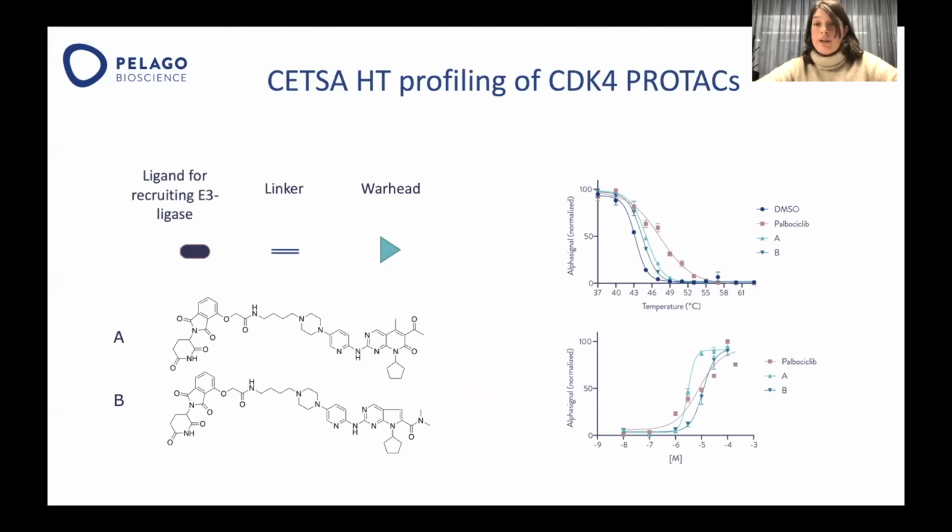We also included the reference compound palbociclib, which was also able to stabilize CDK4 upon compound treatment. We followed this up by doing a dose response at 46 degrees and could confirm the same event.